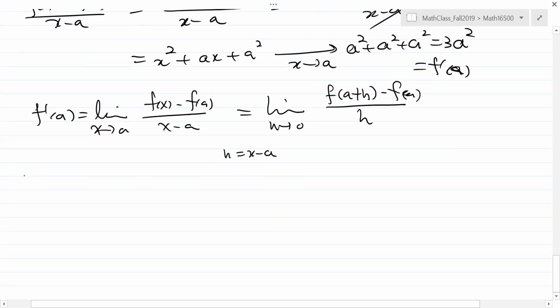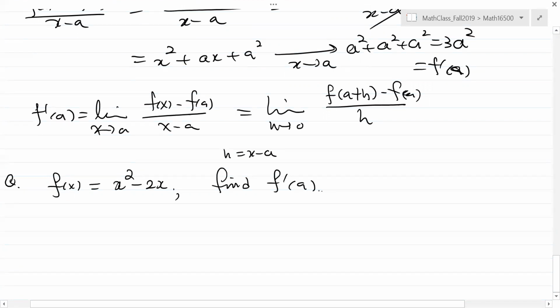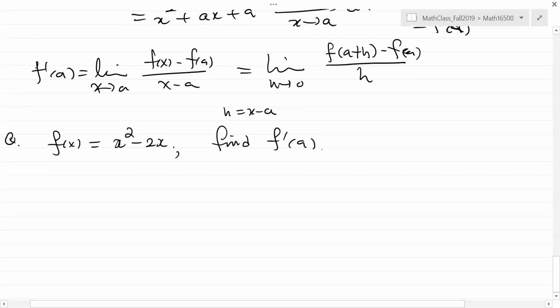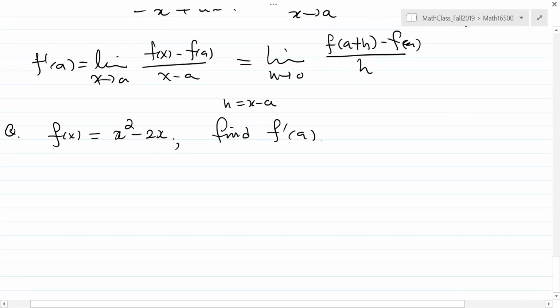Okay, so let's take a look at the following example. If we have f(x) equals x squared minus 2x, find f prime a. Here's a sum of two power functions.